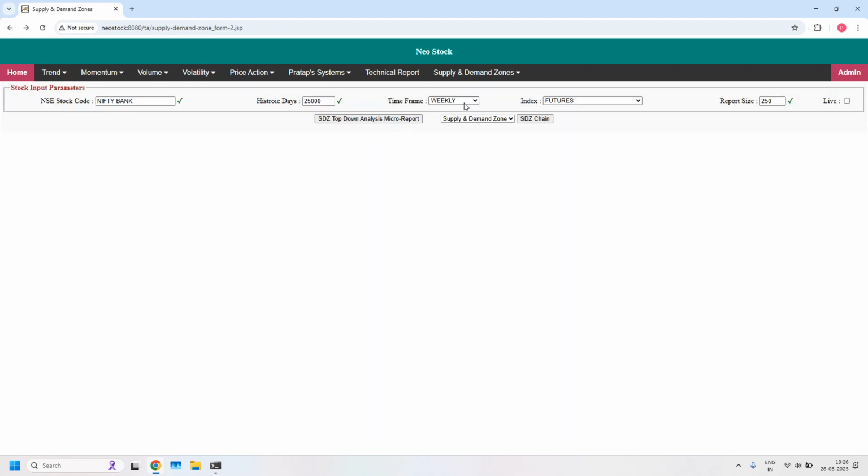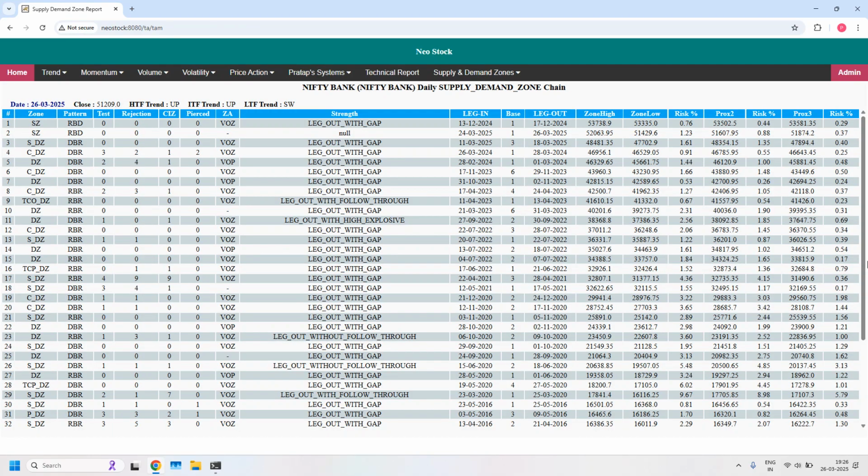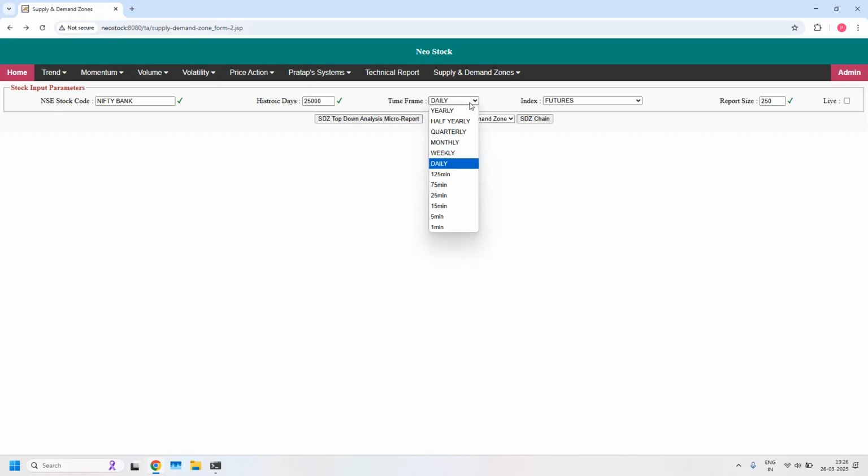Next, generating daily supply demand zone chain for Bank Nifty. Next, generating 125-minute supply demand zone chain for Bank Nifty.